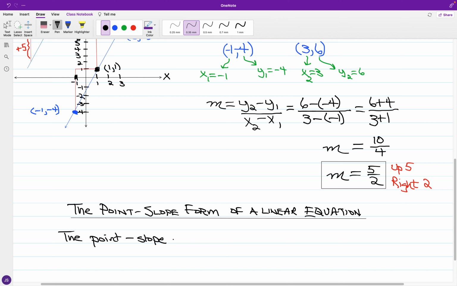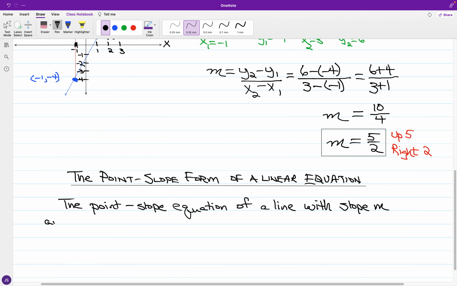So you have the point slope equation of a line with slope m, and that's going to run through a point. So we have (x1, y1).